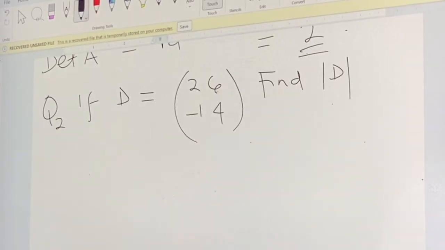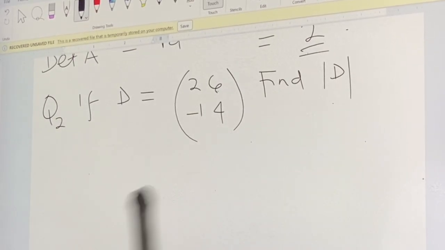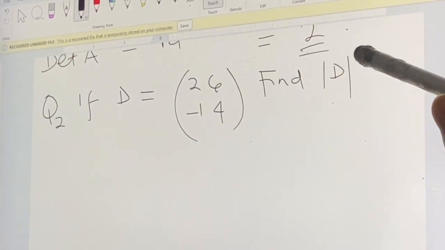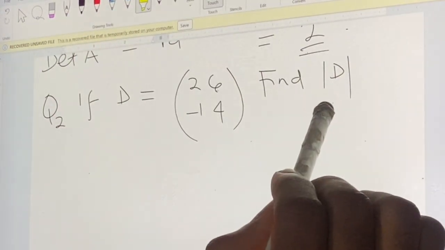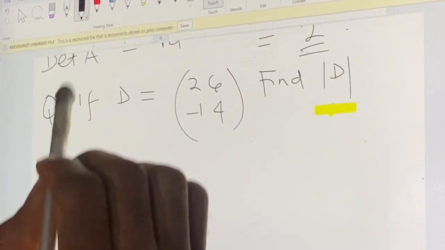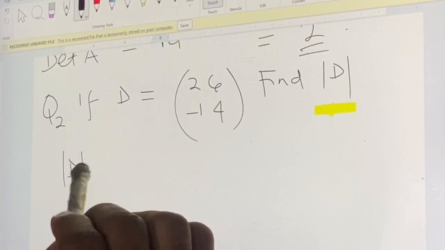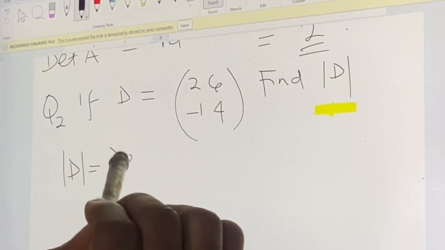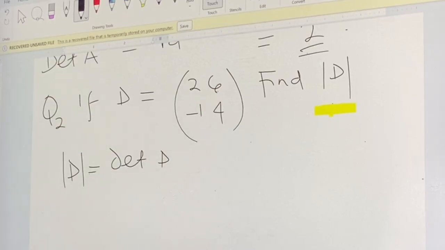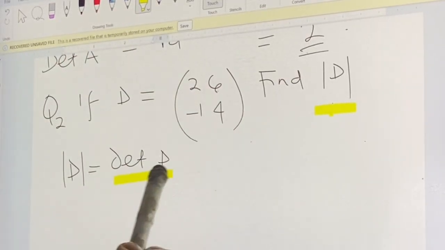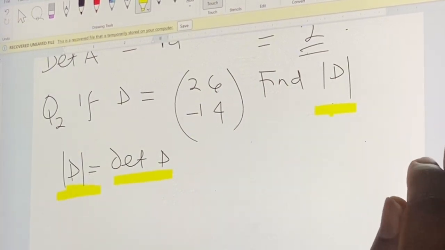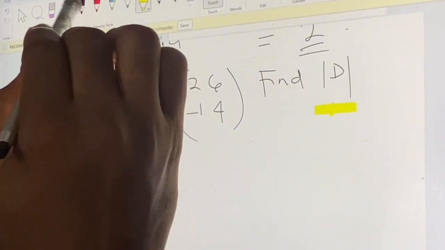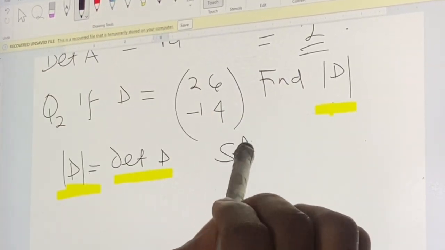We are asked to find the determinant of D, the magnitude of D. Class, this word magnitude of D is the same as determinant of D. Please don't forget, it can be expressed either way. They are the same.